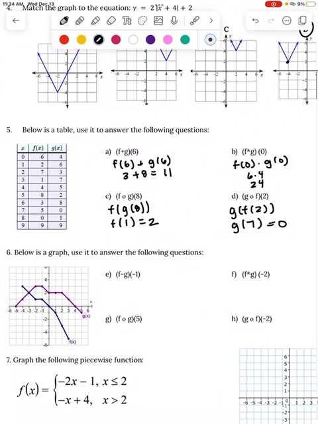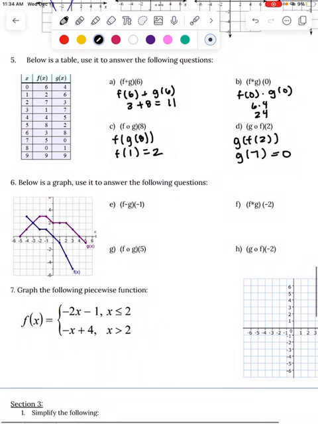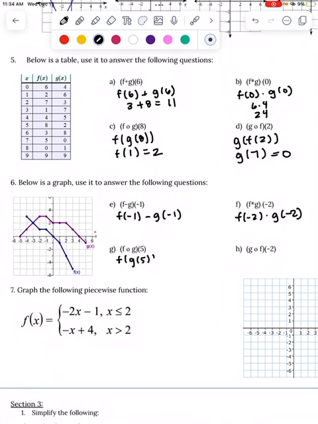All right, same concept, but with a graph. So f of minus g of negative 1, so f of negative 1 minus g of negative 1. I'm just going to write these out real quick because that's what my brain is on. All right, f of negative 1 minus g of negative 1.